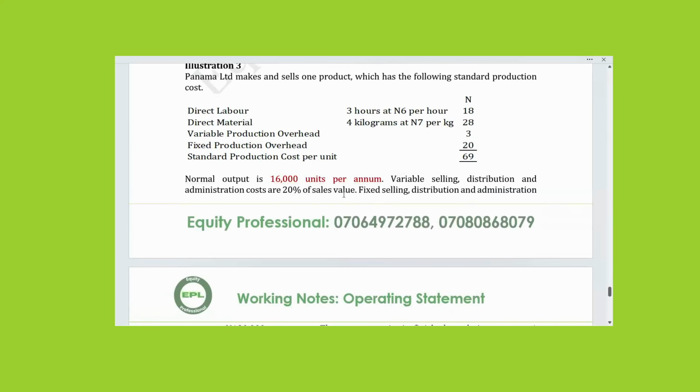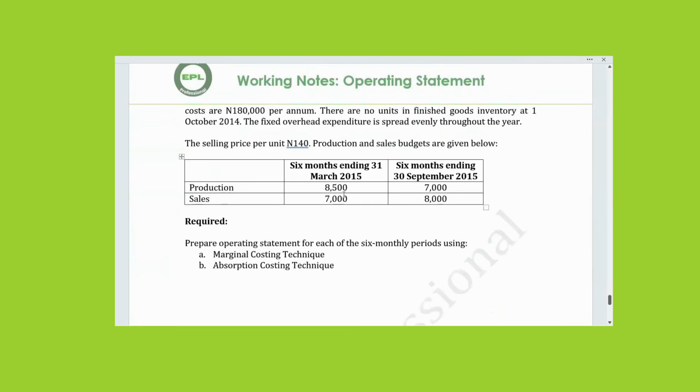Fixed selling, distribution and administration costs are 180,000 per annum. There are no units in finished goods inventory as at 1st October 2014. The fixed overhead expenditure is spread evenly throughout the year. The selling price per unit is 140 naira. Production and sales budgets are given below.